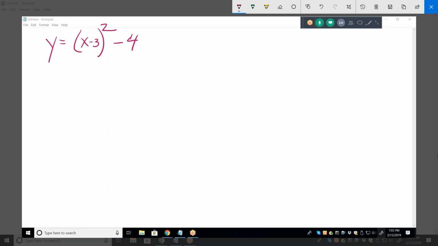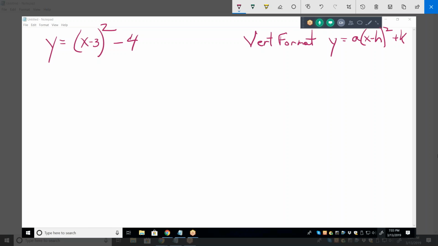There are a number of formats that quadratics can come in. This happens to be vertex format. Vertex format is where y equals a times (x minus h) squared plus k, where h and k are the vertex.